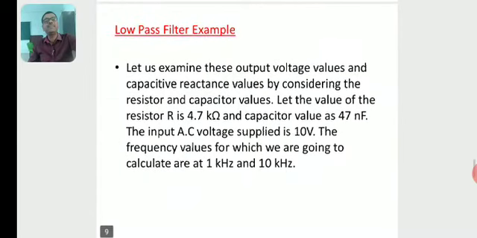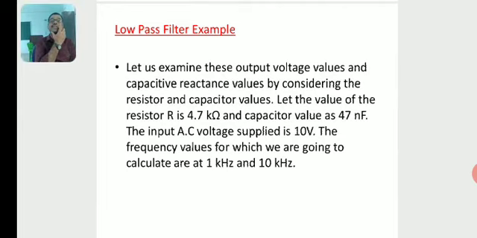Now the example for the low pass filter. Let us examine the output voltage values and capacitive reactance values by considering the resistor and capacitor values.